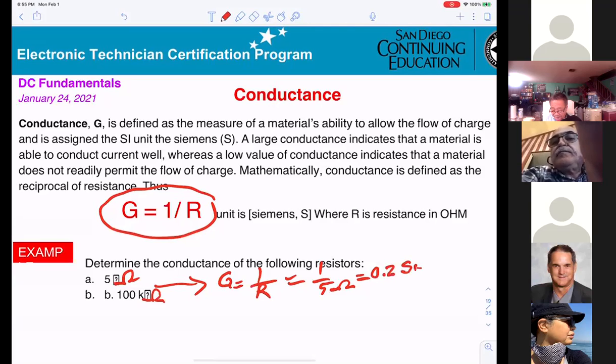Siemens. And if you want to do for the other, 1/100, that's what you get, conductance. We're not using much on the conductance, but I adding in the lecture this time. Make sure you understand conductance will be the reverse of the resistor.